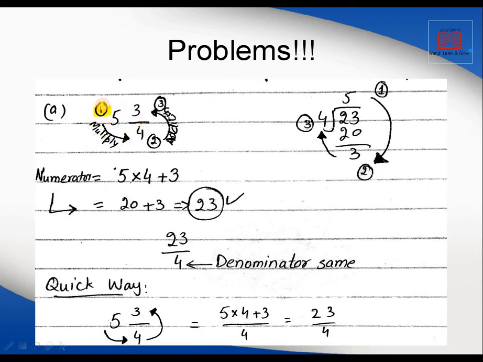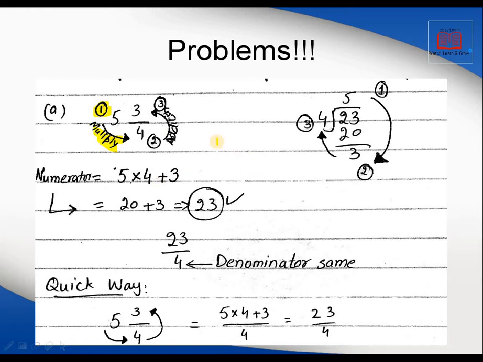This is step number 1 right now, and step number 2 and step number 3 move in the anti-clockwise direction. But remember, when you are moving from step number 1 to step number 2, you have to add the sign of multiply: 5 multiply 4. Then you add the sign of addition between 4 and 3 while moving from step number 2 to step number 3.